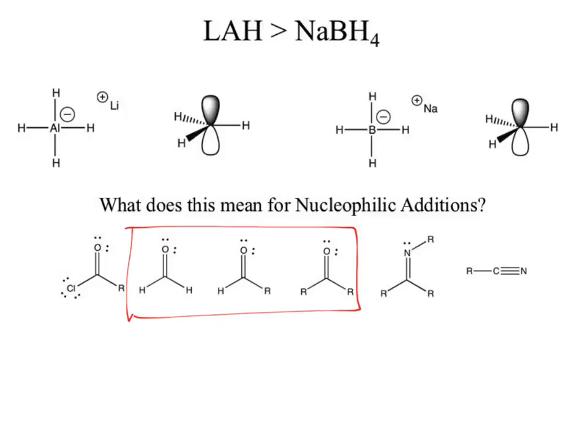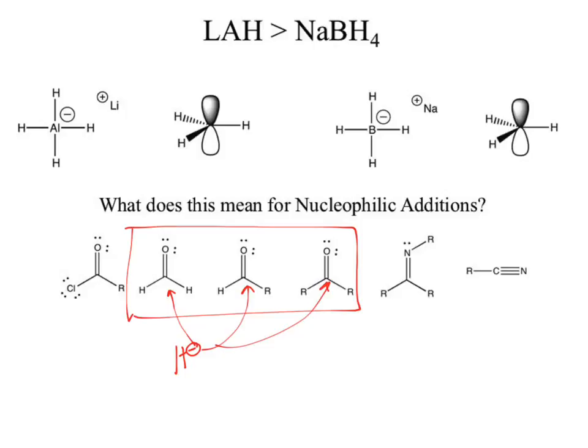Sterics. I'm trying to put a hydride in, albeit hydrides are relatively small, but remember they're attached to the lithium aluminum or the borohydride, and I'm trying to do a backside entry into that pi bond. Am I going to run into an issue in any one of those three cases?